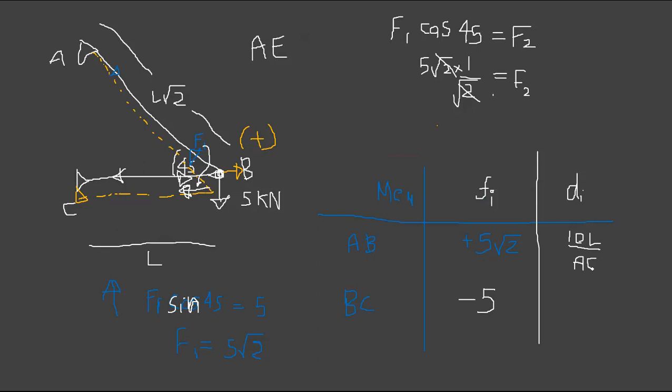I think I'm correct, right? Because F into L means 5 into root 2 into L into root 2. So that's going to be root 2 root 2 is 2, 2 into 5 is 10, 10 L over AE. It's just displacement, right?